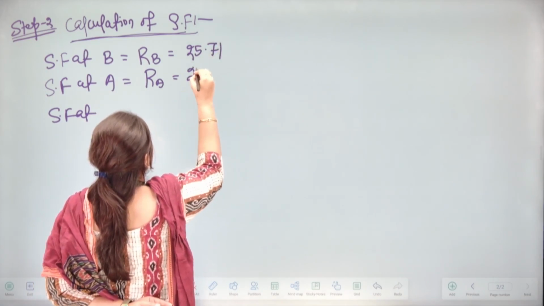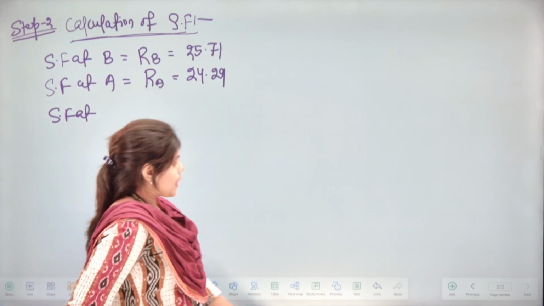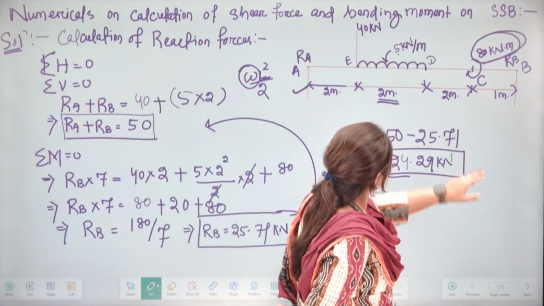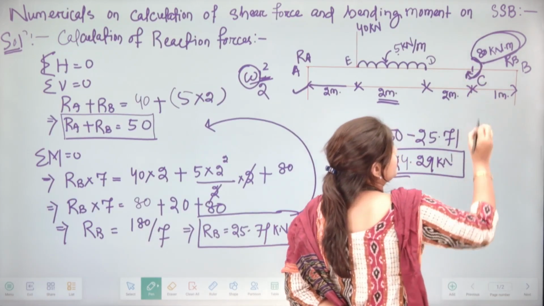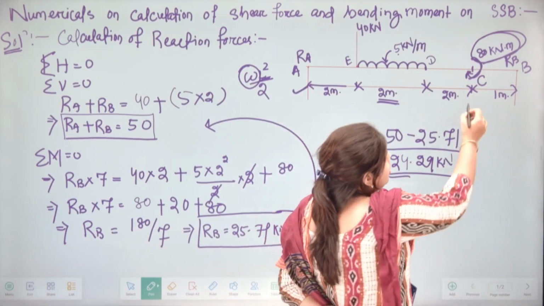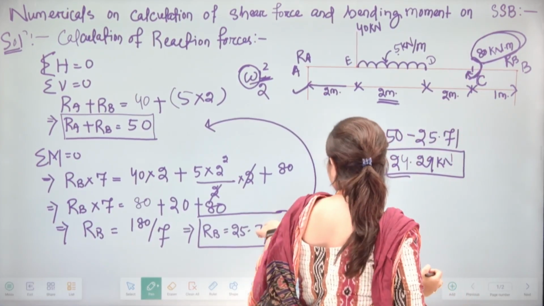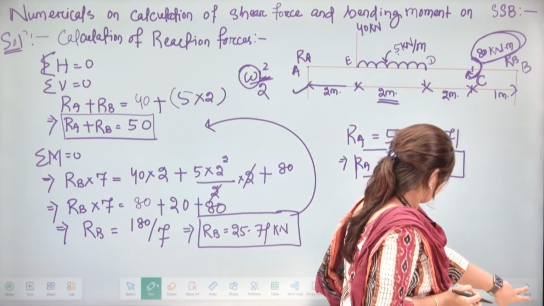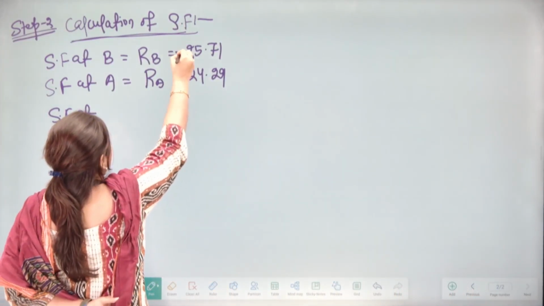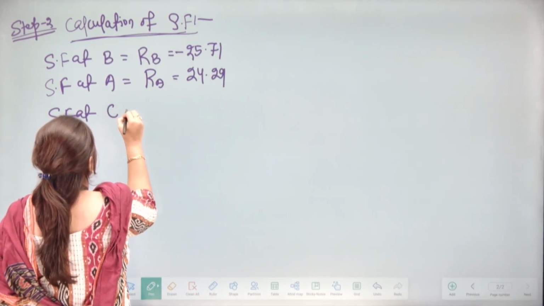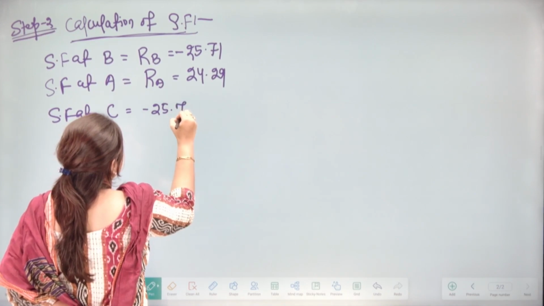Next, at point C, here we only have the moment, so the shear force at C will not change. We only have this value. The shear force at C is minus 25.71.